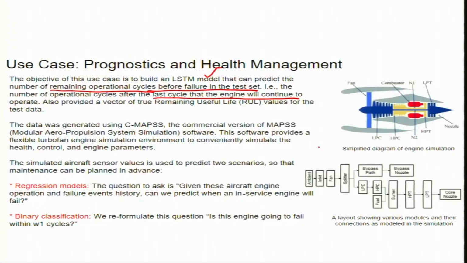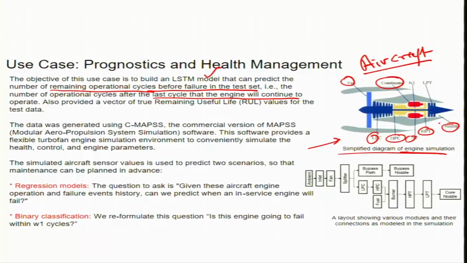So, this is a simple aircraft engine, and this is the simple diagram, and we will see that the sensors are placed to monitor the fan, combustion, and there are so many different sensors here to monitor the working of this particular engine.